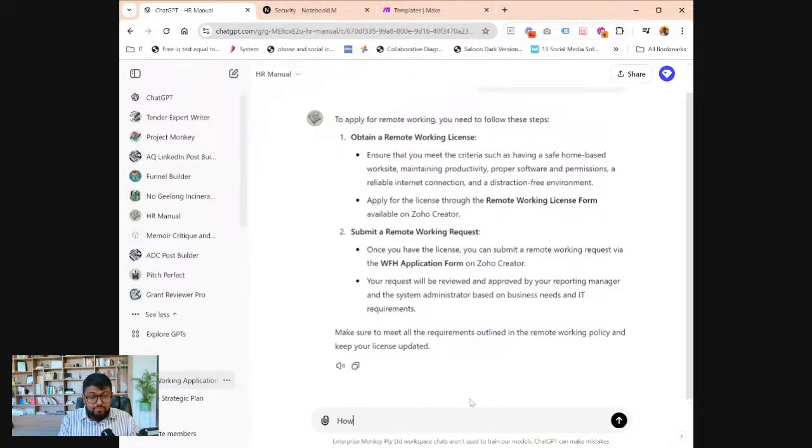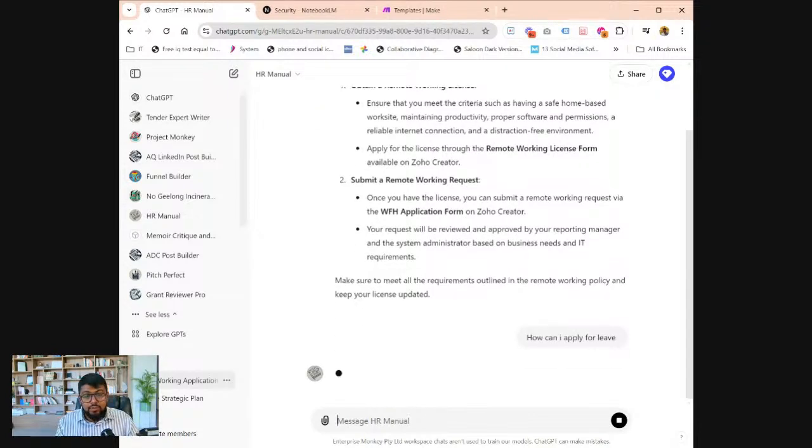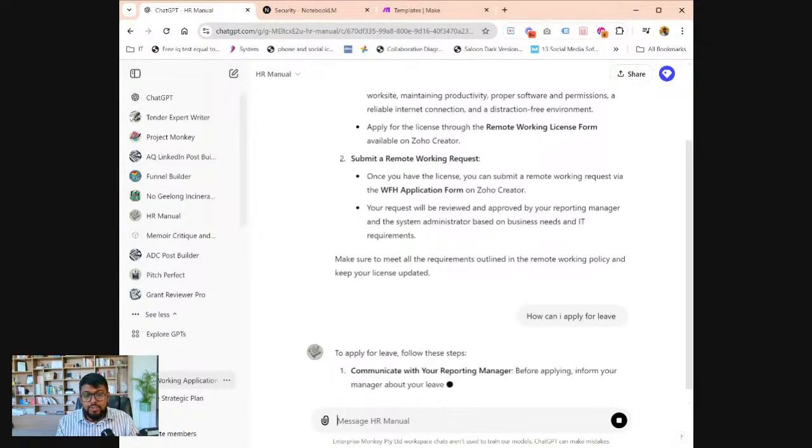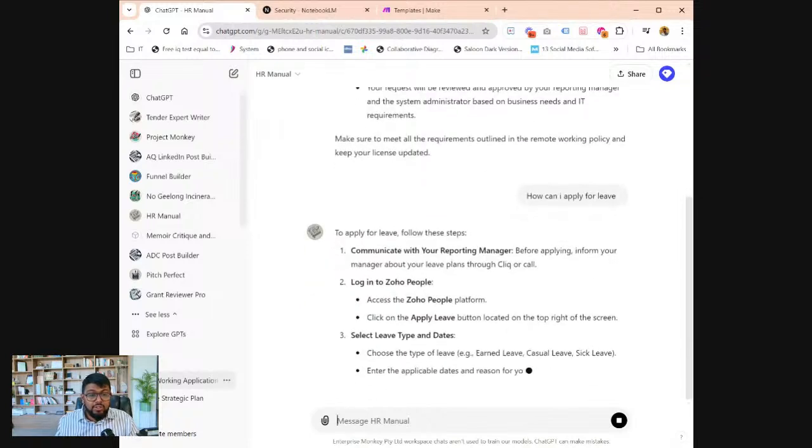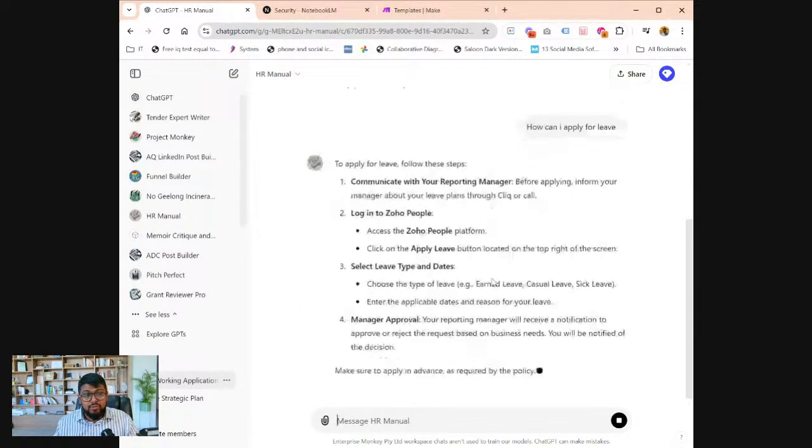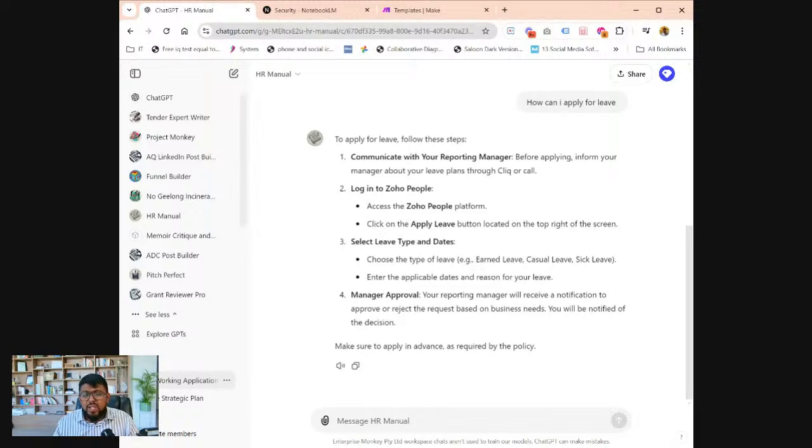And then I can say how can I apply for leave, and it would provide exactly the right process of applying for leave and so on. And that goes if you've got a question around payroll, any particular policy. So for example, my system is not working.